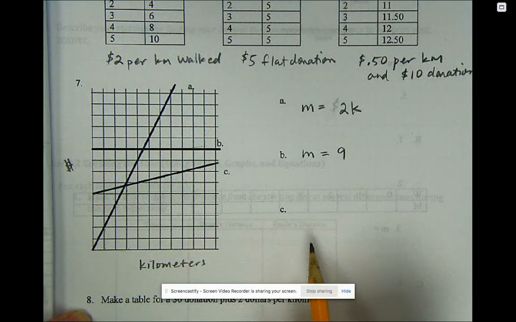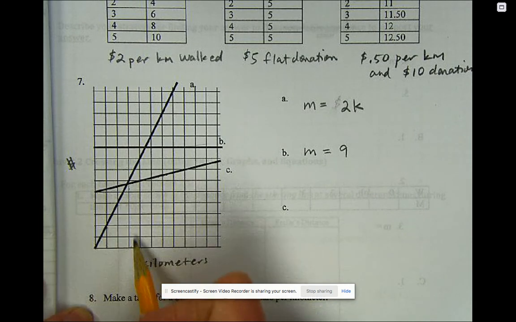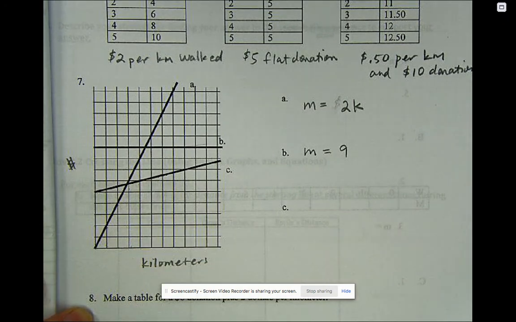How about C? 0 kilometers, $5, 1 kilometer. It's a little hard to tell. Looks like you have to go out 4 kilometers to make another dollar. So how much do you think that might be per kilometer then?